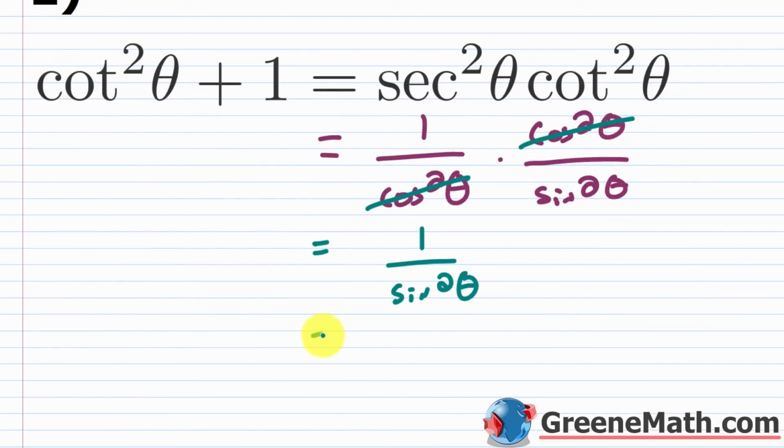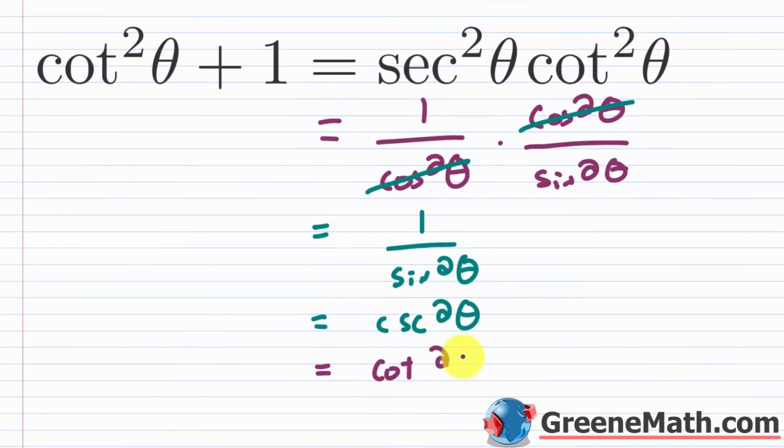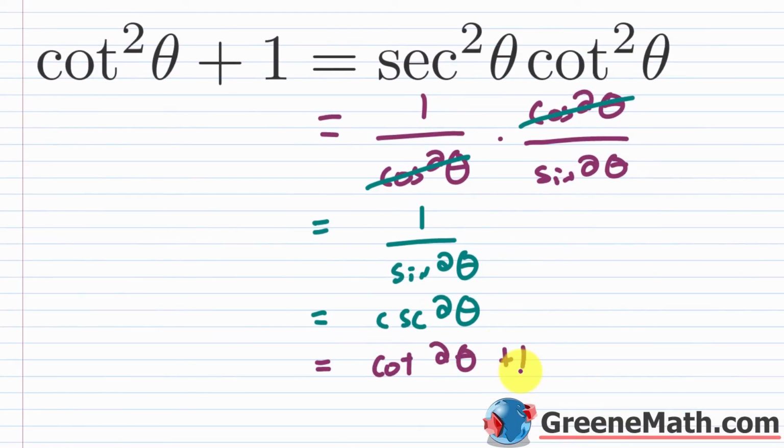Well, that is the same as cosecant squared theta, and cosecant squared theta is the same as 1 plus cotangent squared theta, or you could write it as cotangent squared theta plus 1, whatever you want to do. So I'll put this as cotangent squared theta plus 1, and we verified our identity. So I like to put a little check mark when I'm done, but of course that's not necessary.